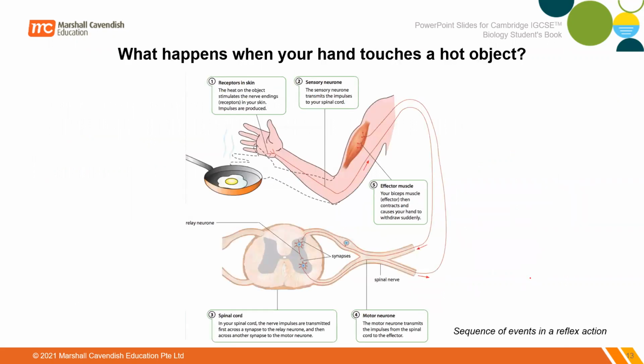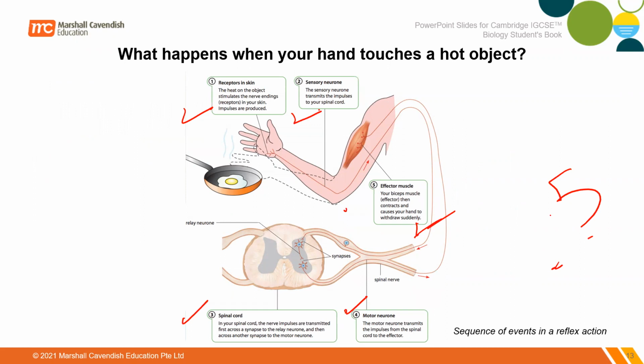Here we have another example: if you touch any hot object, while studying from the presentation, take a look at the numbers we mentioned: 1, 2, 3, 4, 5. You will take 5 marks in this question.